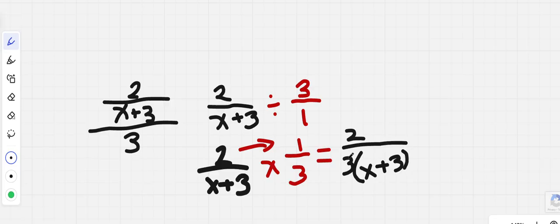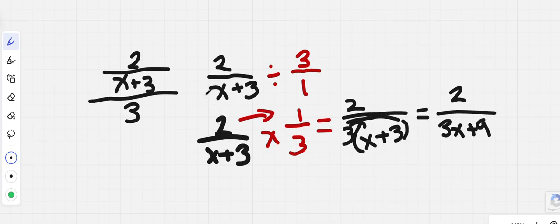Now we need to apply the distributive property here. So 3 times x is 3x. And 3 times 3 is 9. So we're going to have 3x plus 9. And our numerator is going to remain the same.